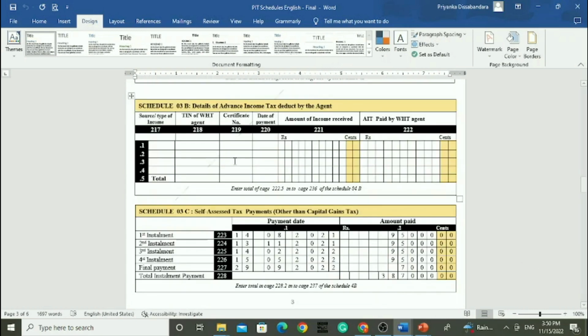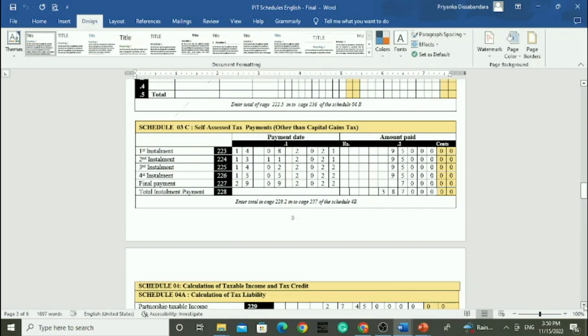Advance income tax payments are not deducted by the agent because they have not given consent to the agents to deduct that amount. Because of that, there are no amounts in Schedule 3B. The partnership has paid installment payments. For the first installment, they paid 95,000, and for the second, third and fourth installments, the partnership paid 95,000.